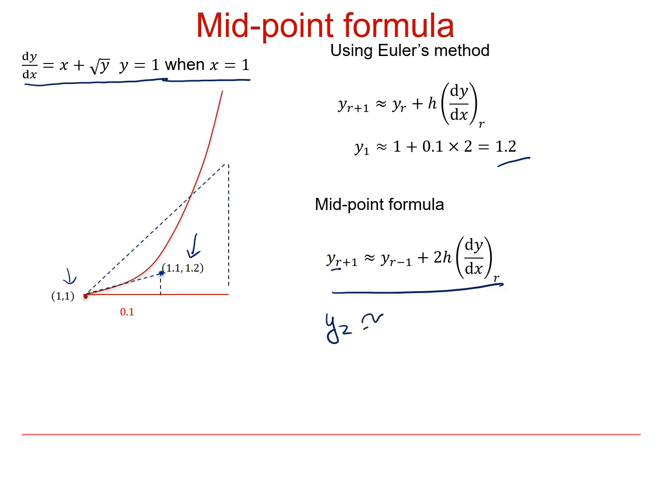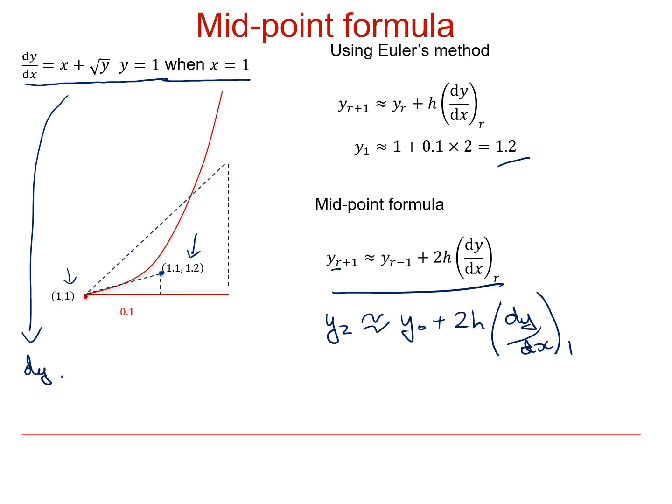That's going to be approximately equal to y0, plus 2h times the gradient at 1. So we need to work out what the gradient at 1 is going to be. We can use our formula up here, dy by dx at 1, and that's the value r equals 1.